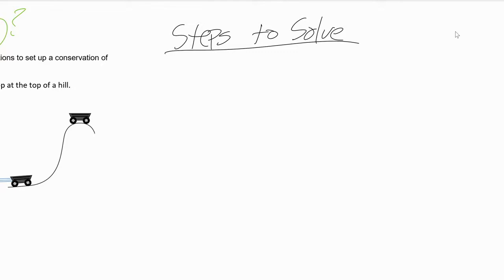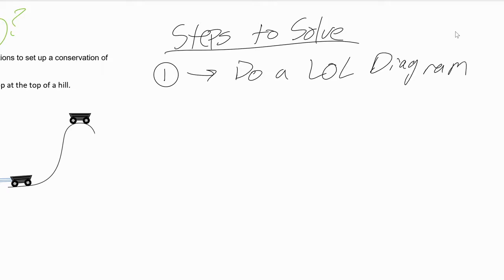So step one, you're going to do a LOL diagram. Okay, that's going to help us get an idea of how to set up the problem, or not only the problem, but it's also going to help us with the equation. And then step two, we're going to set up the equation.